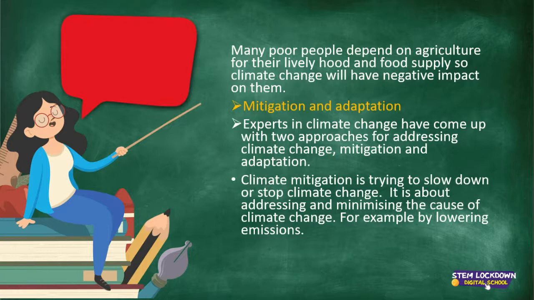So this is saying that we want to stop climate change by changing the way we live, maybe moving towards a greener system of doing things. Maybe instead of burning coal, we will use solar panels and depend on the sun to give us more energy.